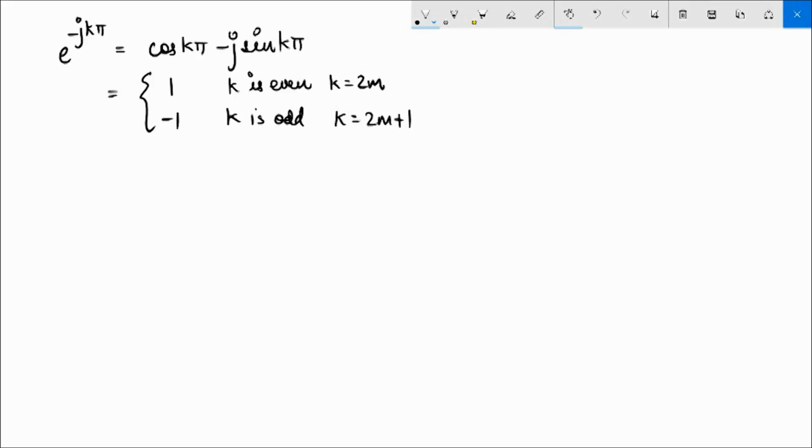That means I can write e to the power minus j k pi is equal to minus 1 to the power k. So for the even case this is 1, and for the odd case this is minus 1.